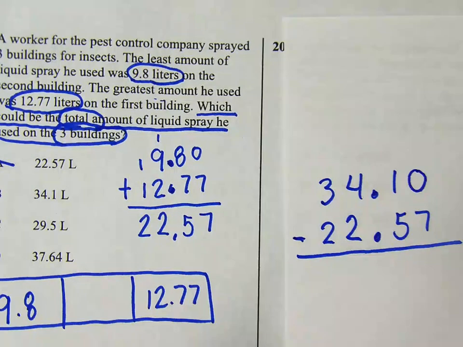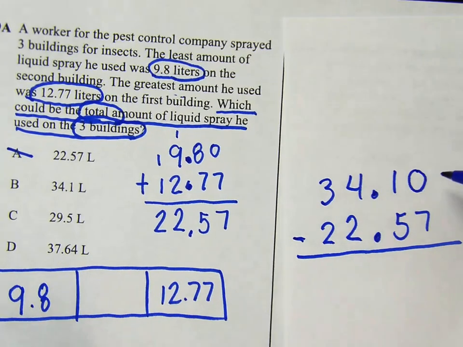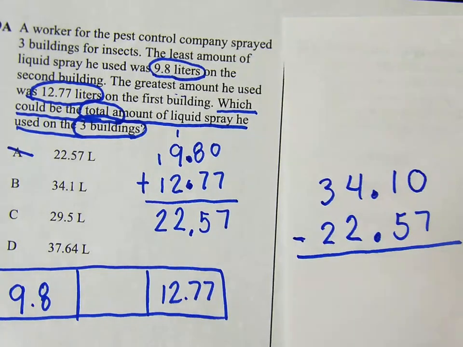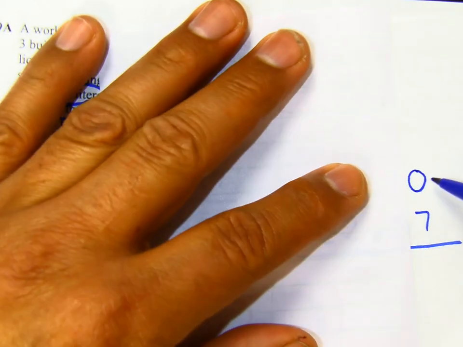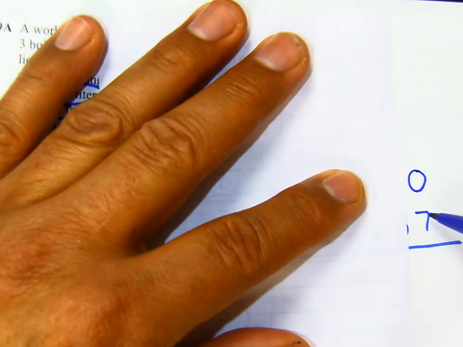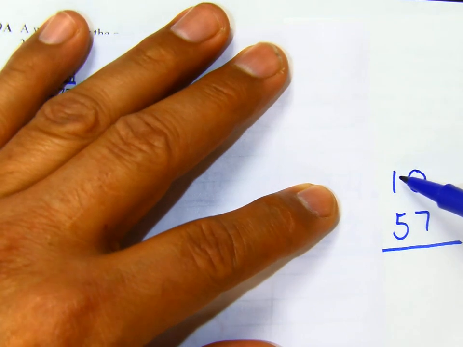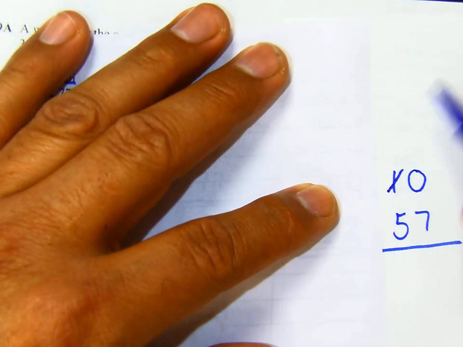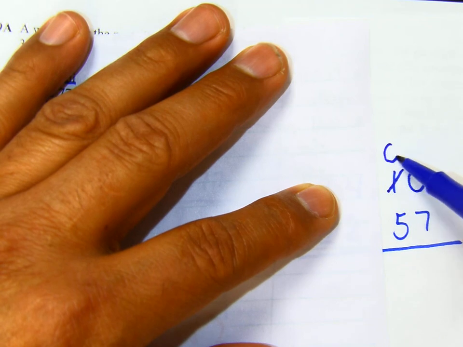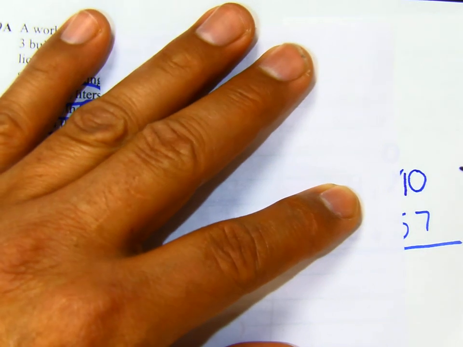And I'm going to start subtracting. If I have 0, can I take away 7? I can't, so that means I have to regroup from the next number. So I'm going to regroup from this 1 in the 10th place. That 1 becomes 0, and the 1 that I regrouped, I'm going to put right in front of this one. So now I have 10.